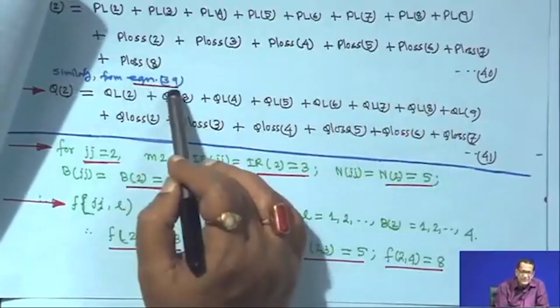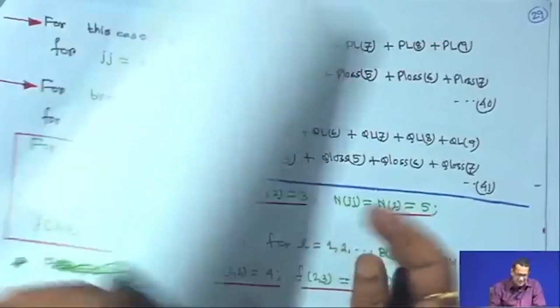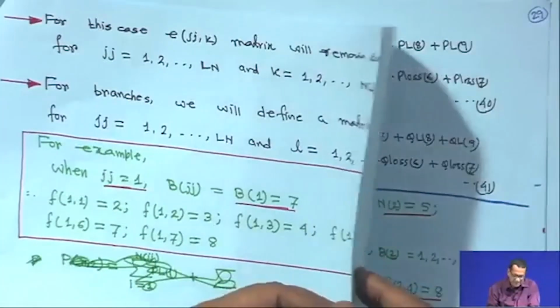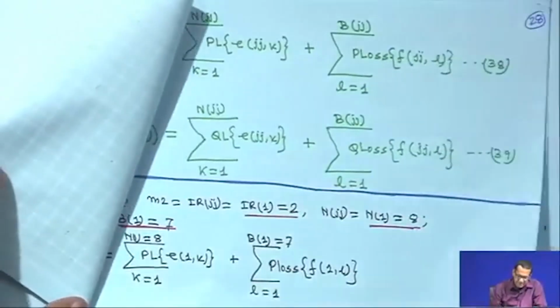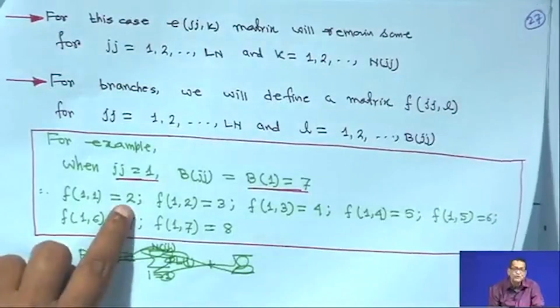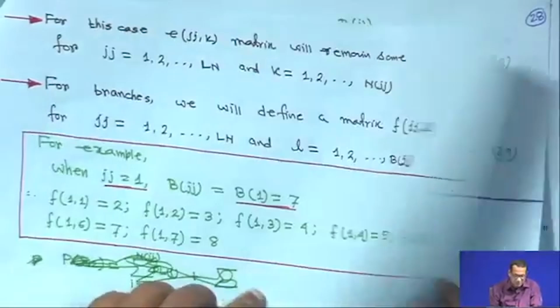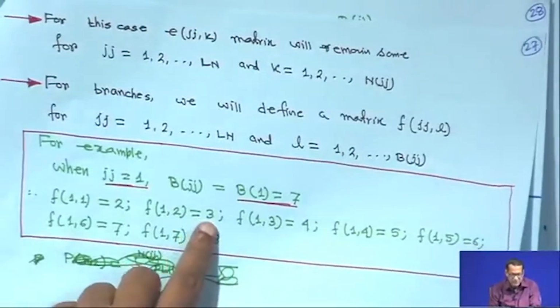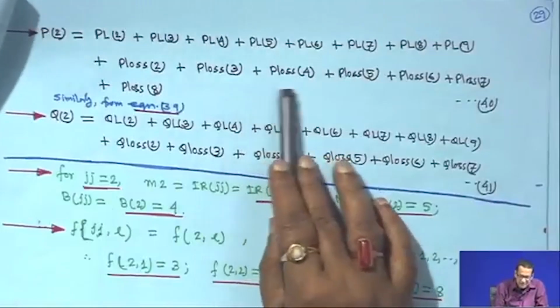One step I have just not written, because earlier this way I have explained for I. That means, in this case, if you expand this, the first term will be P loss in bracket F11, but your F11 is 2, so it will be P loss 2, second term will be P loss F12. So, F12 is 3, so it will be P loss 3 and so on, right. That is why it is P loss 3 and so on.